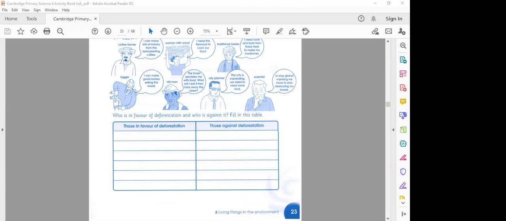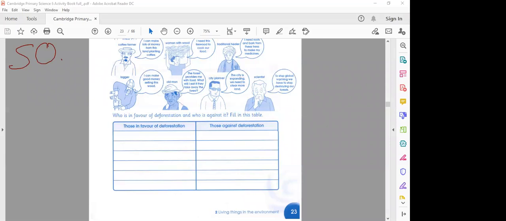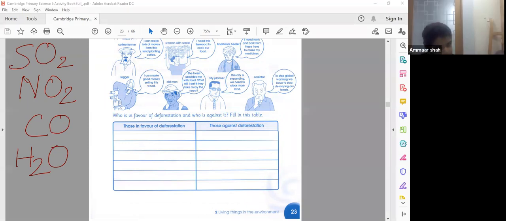The 2 is not upward, okay? That is incorrect. I will write it down. SO2, NO2, CO, H2O. Clear? Correct it, Amar. Ma'am, I have written the same thing.